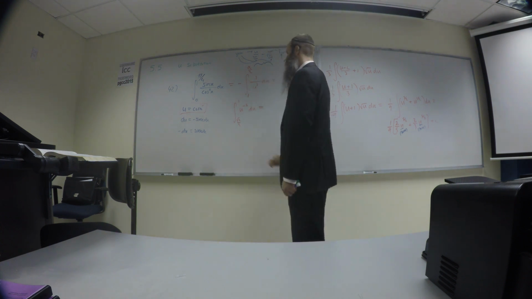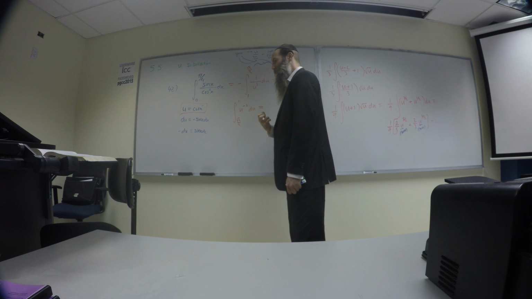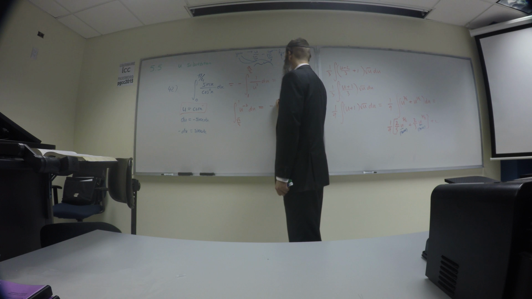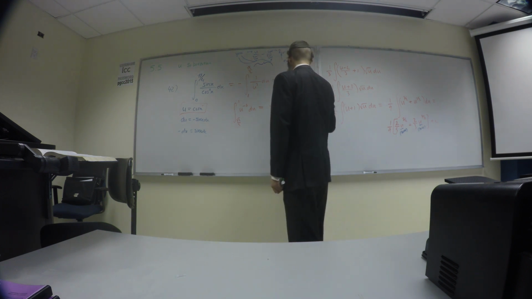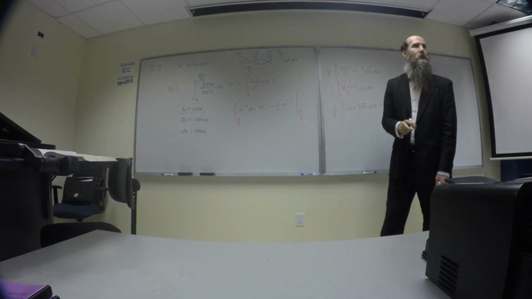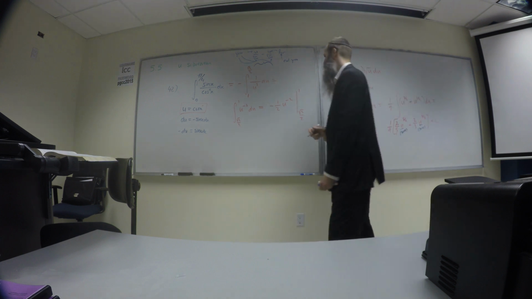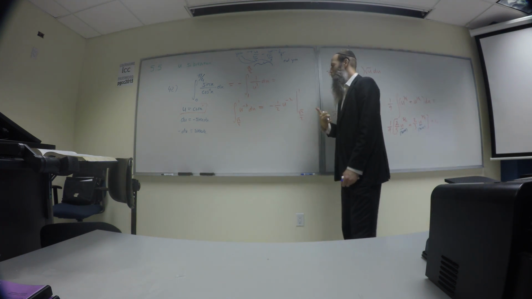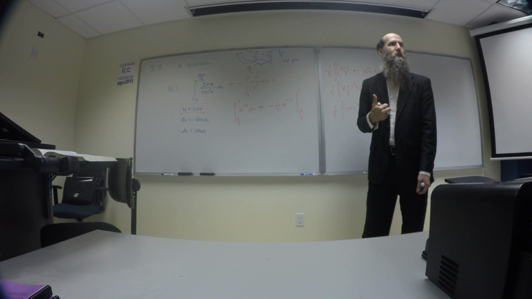So u to the negative 3, bump that power up by 1, so it goes to u to the negative 2, and divide by the new power of negative 2. So negative 1/2 u to the negative 2, evaluated from root 2 on 2 to 1. Right? Fundamental theorem time. I bump the power up to negative 2, I divide by the new power.